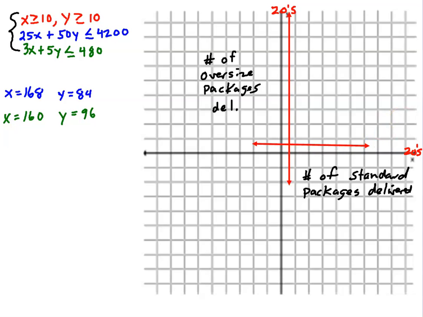That's a little high. Let me try that again. It's not easy to do with this thing. That's pretty close. Okay, and we're going to be greater than both, so to the right and above. So basically, so far we're shading above and to the right of those two red lines.